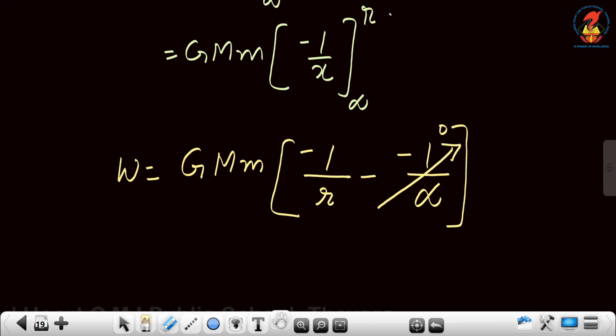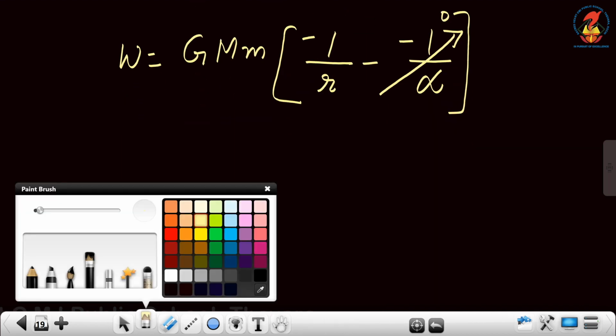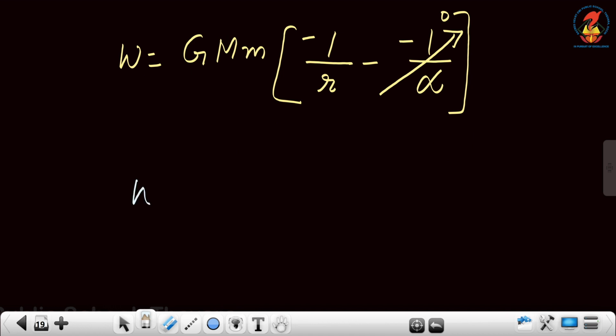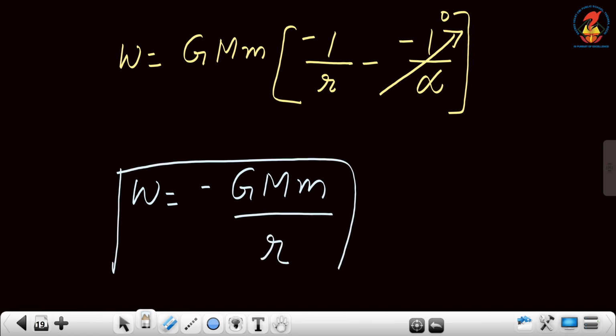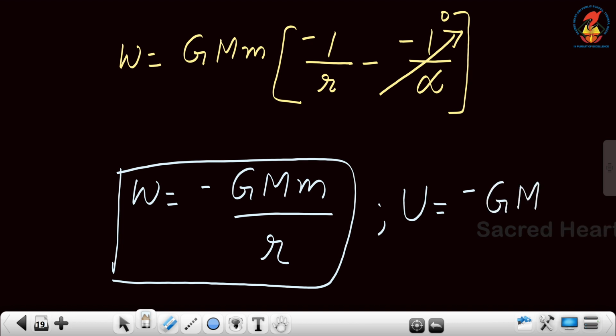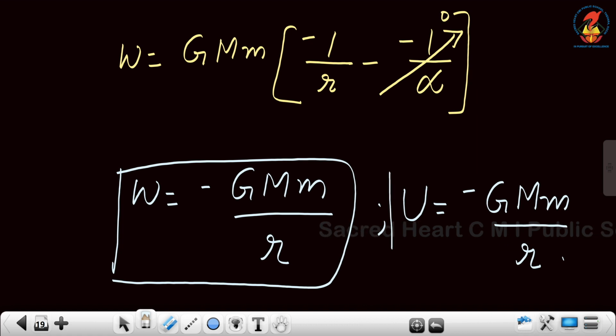We get the final equation as W is equal to minus GMm divided by r, and this work is stored as potential energy. So we can write gravitational potential energy U is equal to minus GMm divided by r.